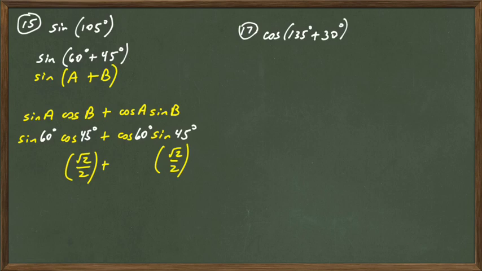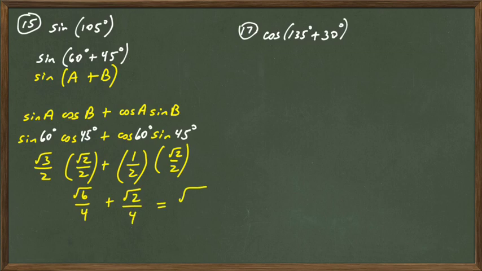Now it happens that the cosine of 60 is 1/2, and the sine of 60 is radical 3 over 2. Top times top, bottom times bottom, top times top, bottom times bottom. Write it as a single fraction, and I'm hoping this is the answer for number 15.